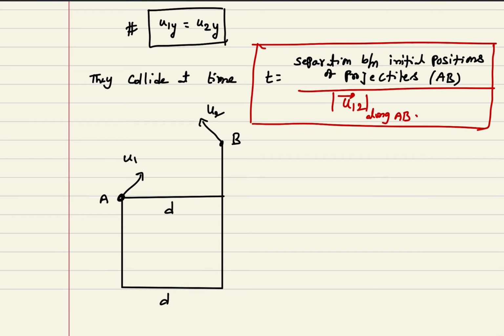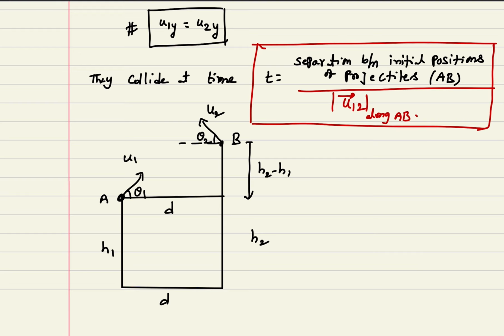First projectile is projected from A, second from B. The first one makes theta 1 with the horizontal, and the second makes angle theta 2 with the horizontal. The first one is located at height h1, the second at height h2, so the separation between A and B is h2 minus h1.